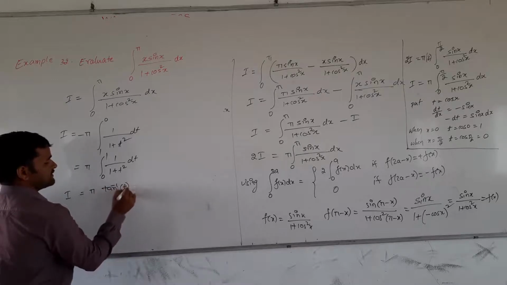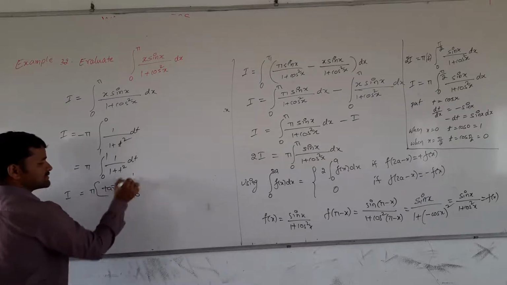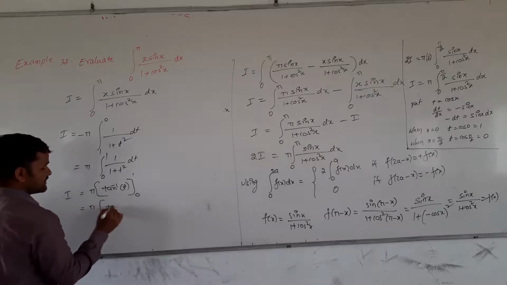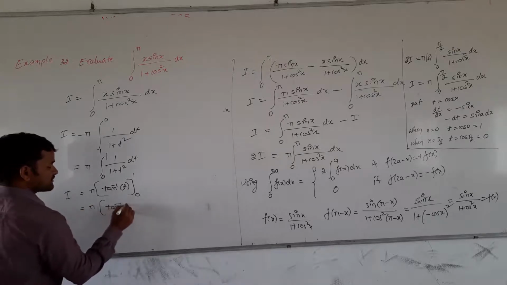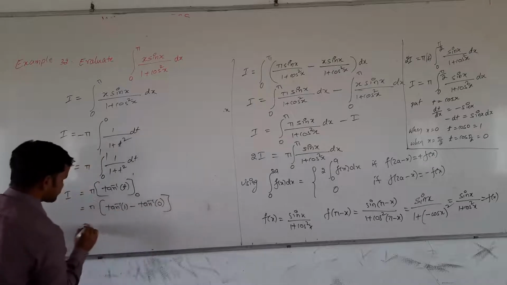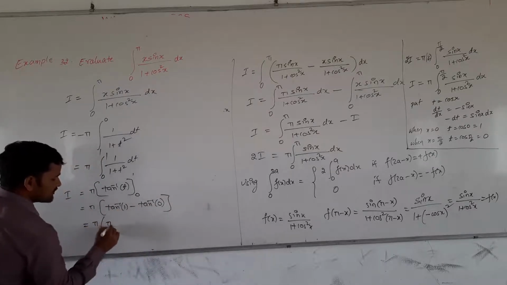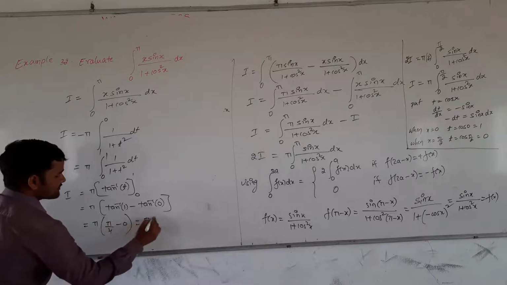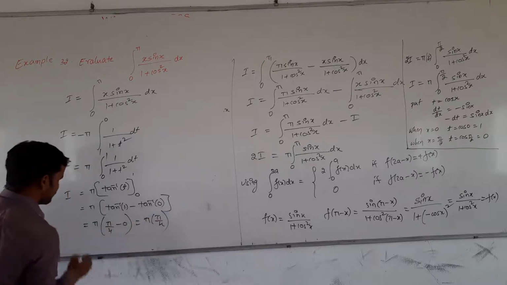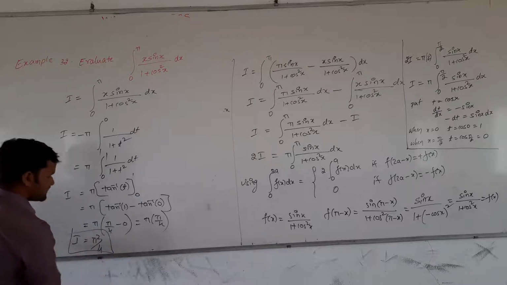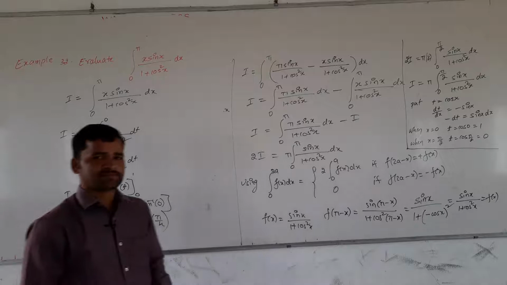Tan inverse of t from 0 to 1, pi into tan inverse of the upper limit, tan inverse of 1, minus substituting the lower limit, tan inverse of 0. Pi into, tan inverse of 1 is 45 degrees, pi by 4, minus 0. This is pi into pi by 4. I is equal to pi into pi by 4, which means pi square by 4 is the answer for this problem.